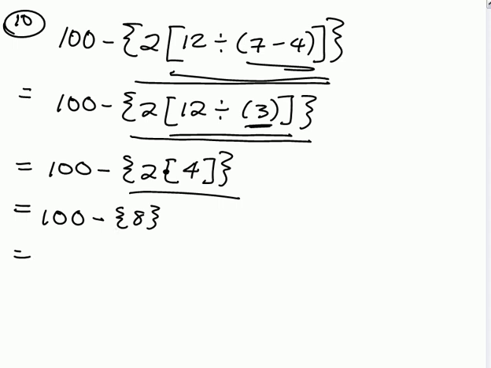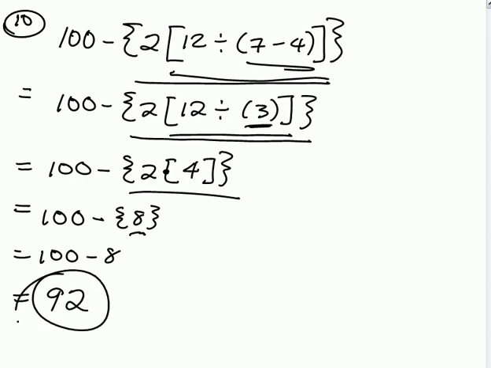No, they're not necessary. There's nothing going on inside them to indicate grouping. There's nothing out front to indicate multiplication, so we can just drop them, and I'm just going to rewrite it. 100 minus 8, and ta-da, our last problem, our answer is 92. Okay, R1 is finished. I will see you in R2.